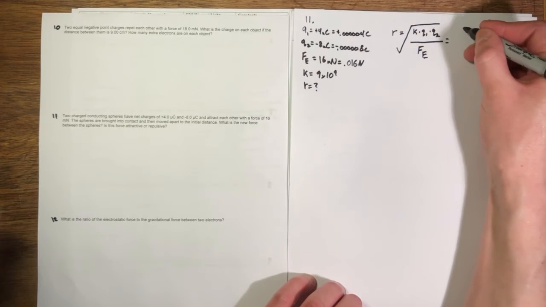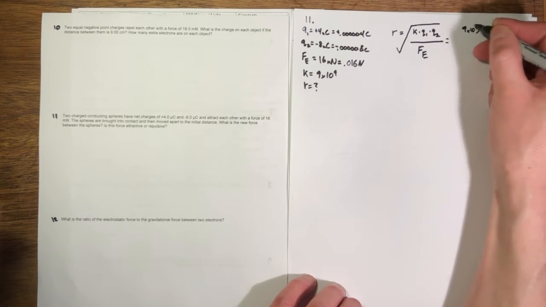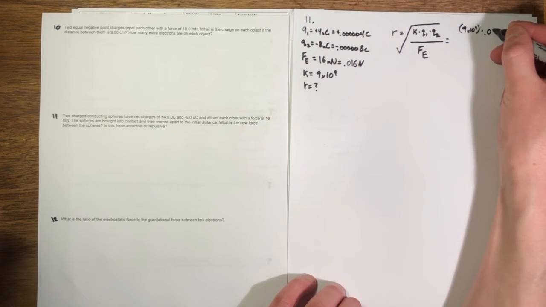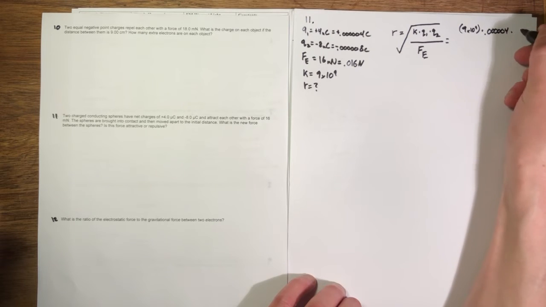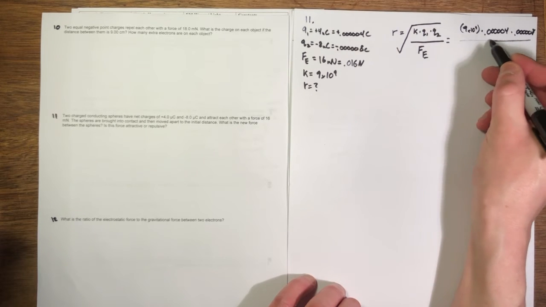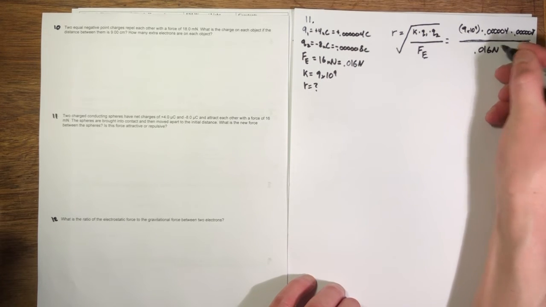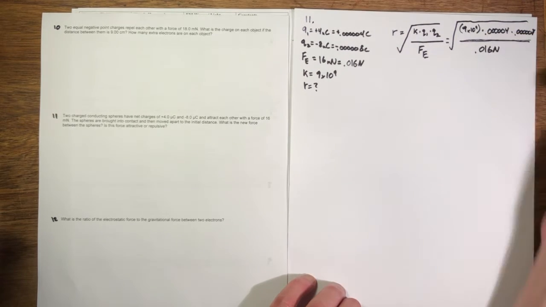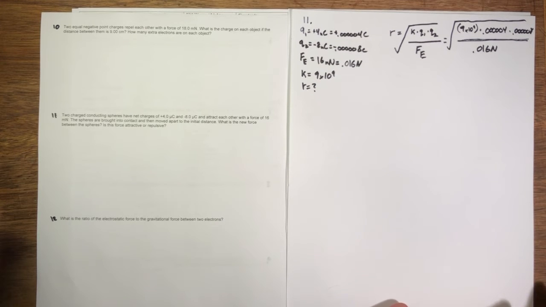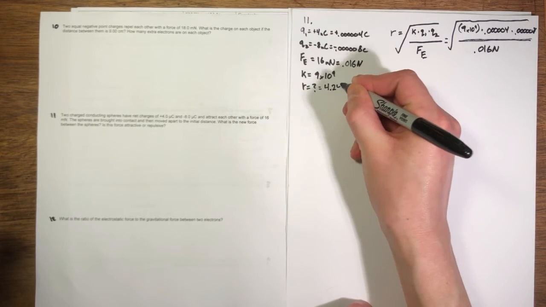So if we do that, it should come out to 9 times 10 to the 9th times 0.000004 times 0.000008. Remember, don't worry about the negative for right now. You're finding the distance, at least. Then 0.016 newtons, and all of that divided. If you do that, you should end up getting your radius as equaling 4.24 meters.